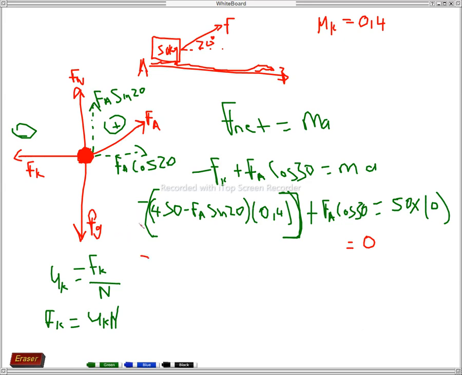It's negative there. Since I'm removing the square brackets, I can use the common brackets. It's 180.